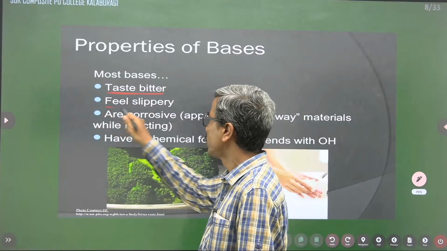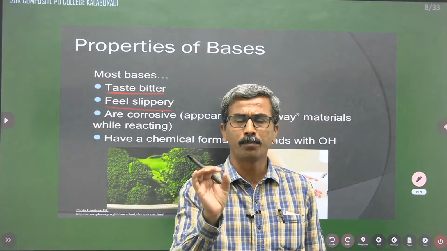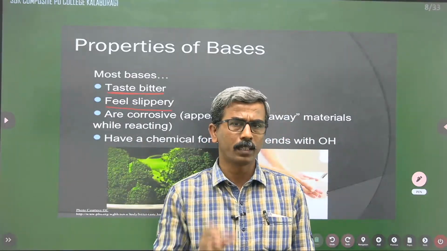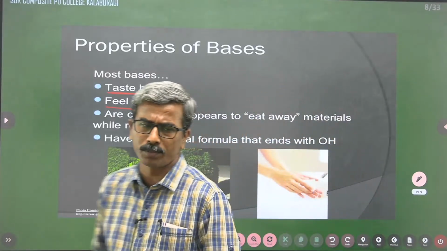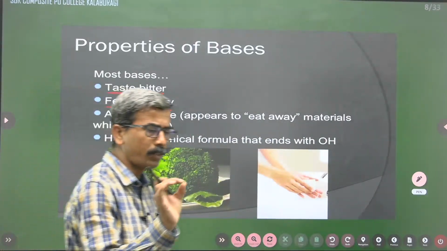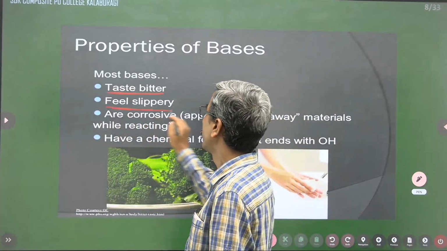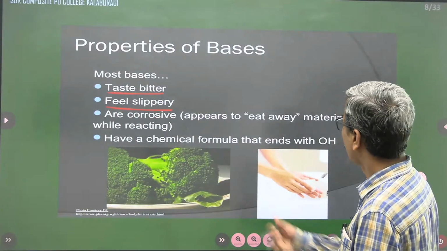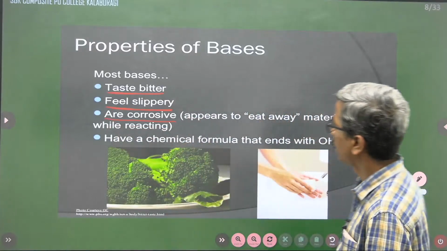In the same way, when you touch substances which are bases, you are going to feel a soft, slippery touch. If you take the example of sodium hydroxide pellets in the laboratory, if you touch them, they are going to feel very slippery. So that is another characteristic property of bases. Acids are also corrosive.